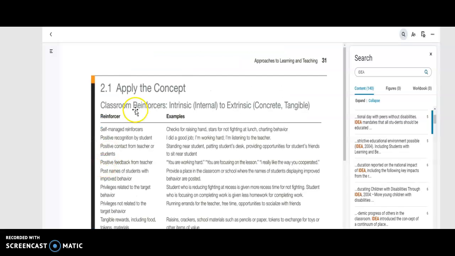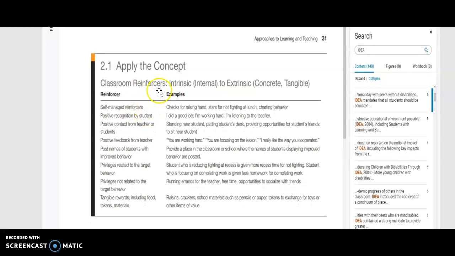Okay, so I want you to take some time in the textbook, either the e-text or the hard copy. In every chapter there are sections that say apply the concepts. I want you to take a few minutes and look through some of these as you're reading the chapter. Here are some examples of reinforcers, from internal to extrinsic, concrete or tangible.